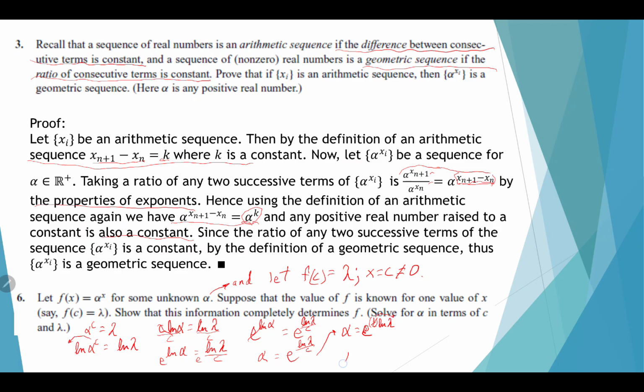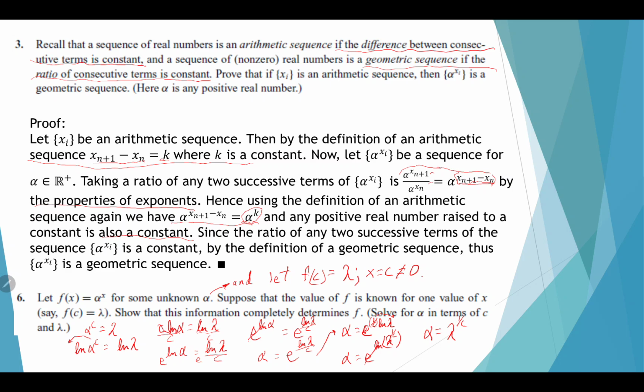So now alpha is equal to e to the ln of lambda to the power of 1 over c. That's pretty valid. But now the e to the ln filters off. So alpha is equal to lambda to the power of 1 over c.